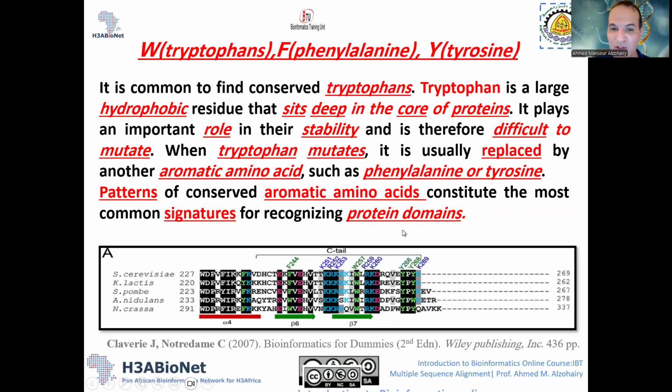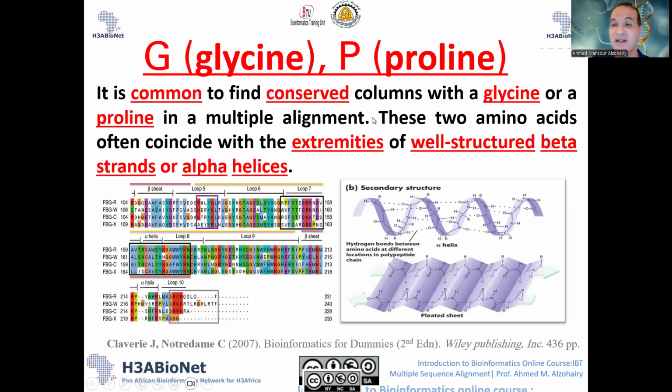If you're looking for protein domains, you would like to look for conserved columns of tryptophan or phenylalanine or tyrosine. Okay. Next is glycine or proline. It is common to find conserved columns with glycine or proline in the multiple sequence alignment. These two amino acids often coincide with the extremities of well-structured beta strands or alpha helices.